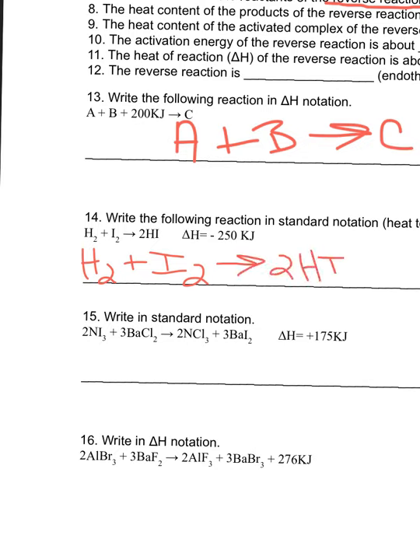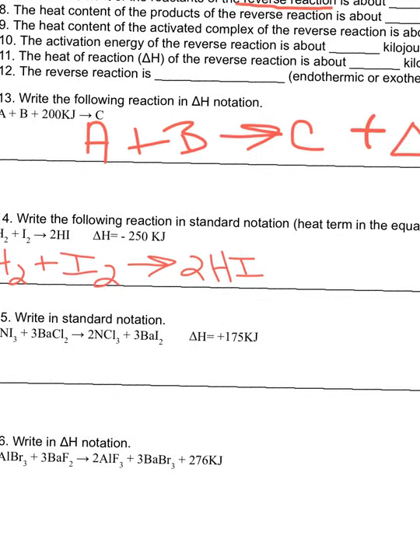2HI. Now, here is what I mean when I say that these plus signs aren't mathematical. This is a common mistake I've seen kids make. It says negative 250, and you are correct in putting it on the product side, but do not write negative 250 kilojoules. That is wrong.